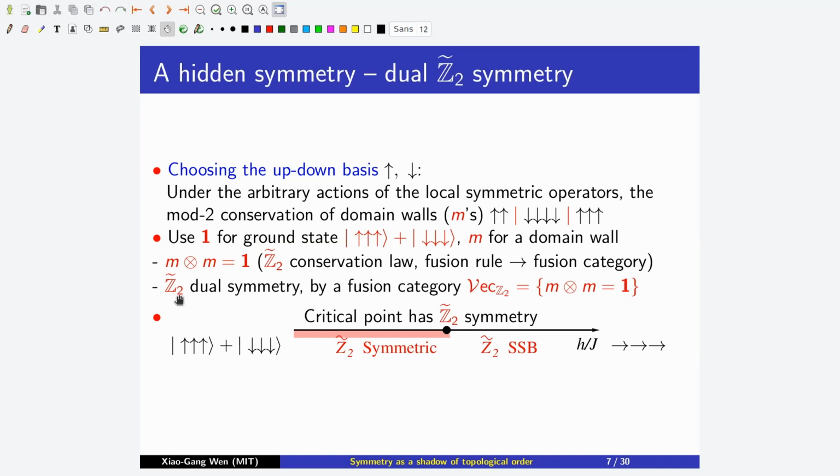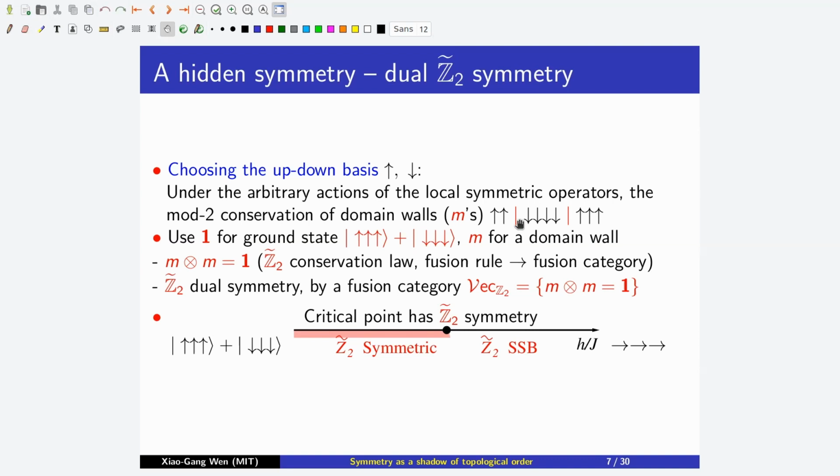And in terms of Z2 dual symmetry, we have a different picture. That is, in the symmetry breaking states, the domain wall costs energy. So in the traditional symmetry breaking state, the ground state is just all up plus all down.